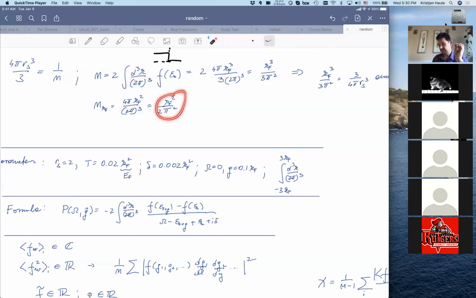This turns out to be kF squared divided by 2 pi squared. When we talk about density at the Fermi level, we usually don't multiply by spin degeneracy. This is convention: we might, but by convention the factor of 2 is left out. So n(kF) is defined as kF squared over 2 pi squared.